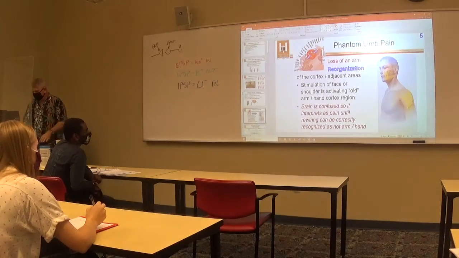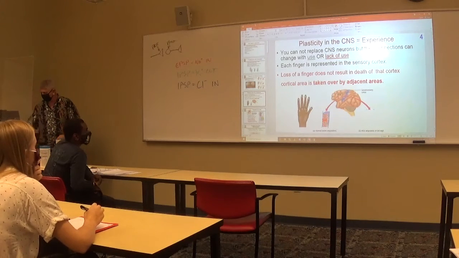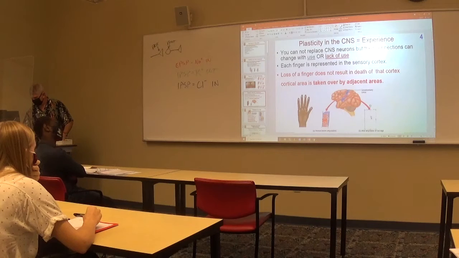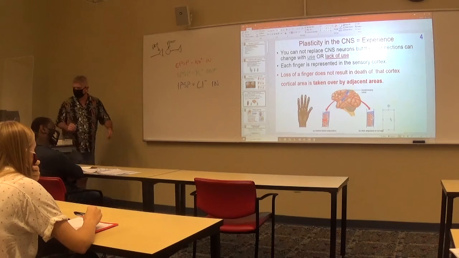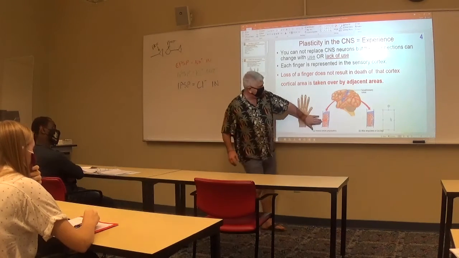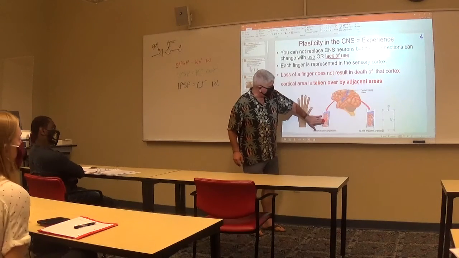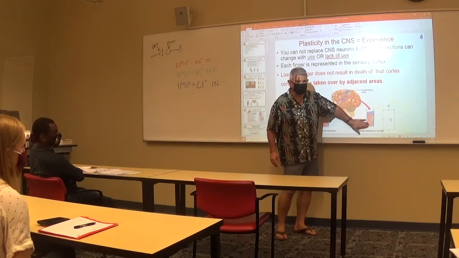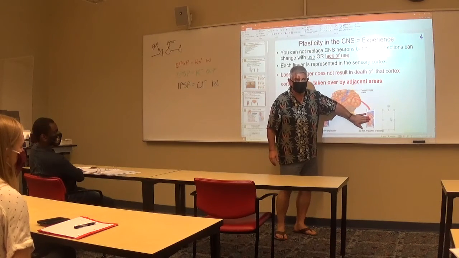So just like in this example, if we remove the middle finger, the third digit, the adjacent areas from the fourth and the second digit are going to take over that cortex.